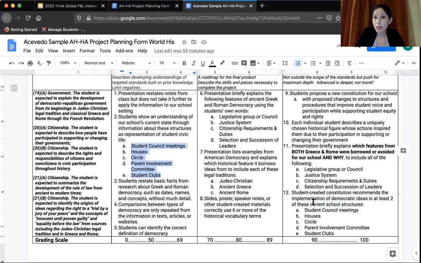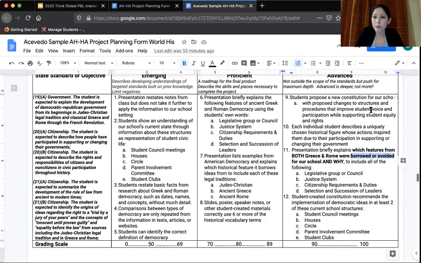As far as qualitative, there are actually more qualitative descriptors in this rubric because of them having to decide whether they're going to borrow or avoid an idea. They're being able to make the case for improving student voice, and also supporting student equity and rights, and really figure out what those words mean and how we actually improve student voice.